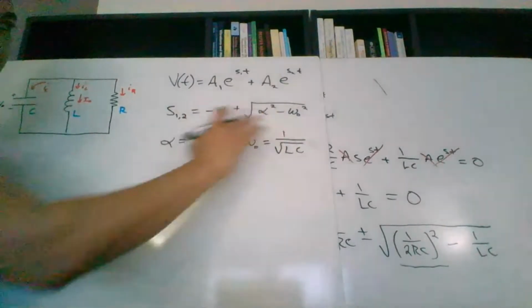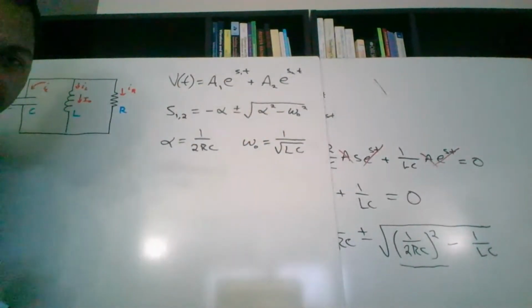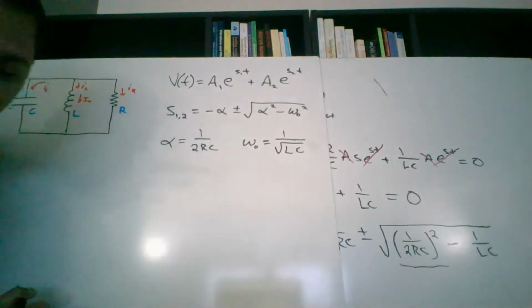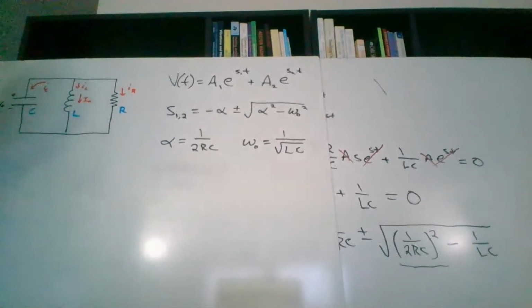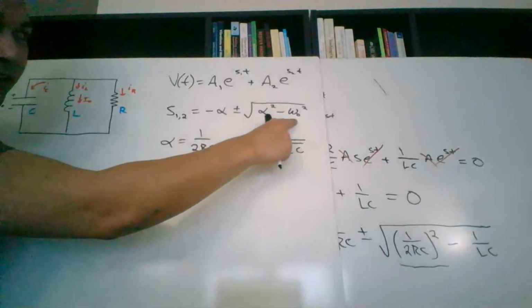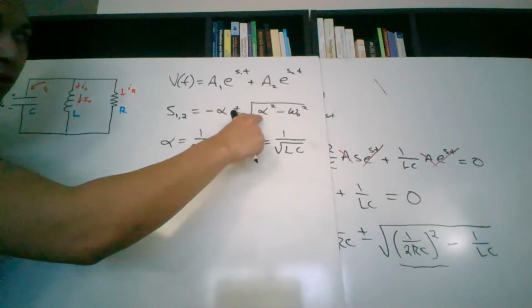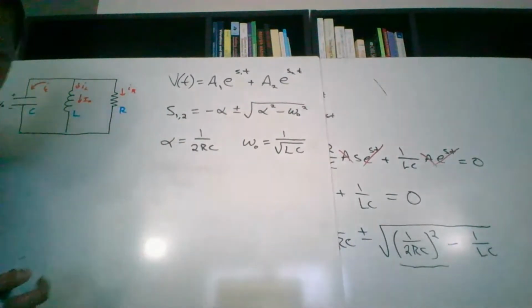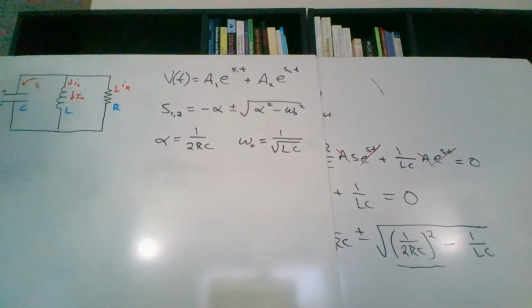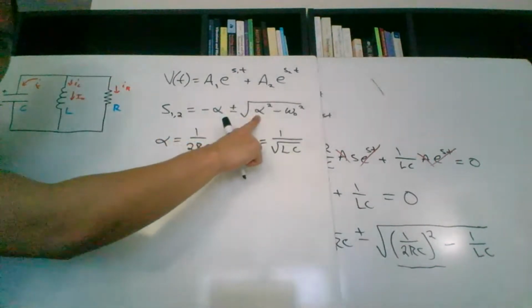So let's go back to what could happen, because it's inside the square root that's going to matter. There are 3 scenarios: this is bigger than that, that is bigger than this, or they are equal to each other. In the first case, we have both real and distinct numbers.